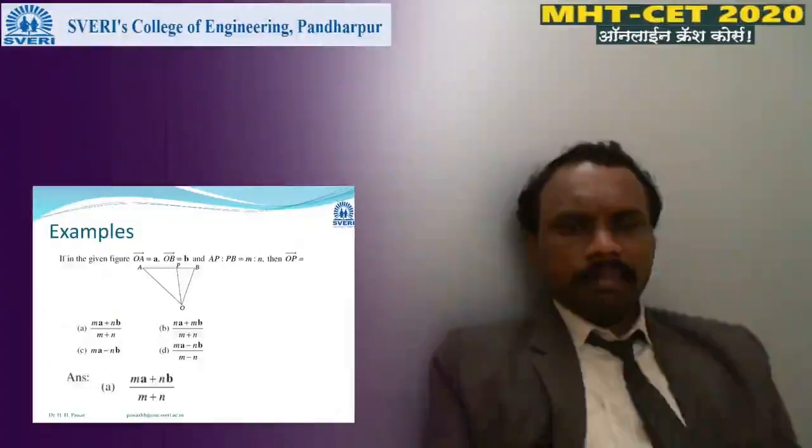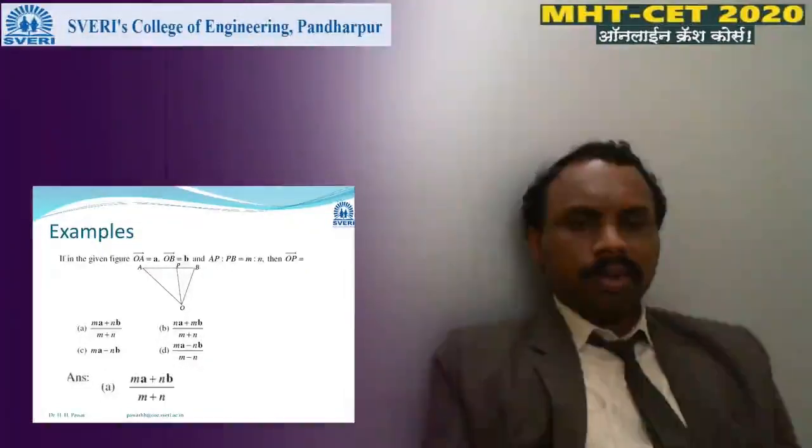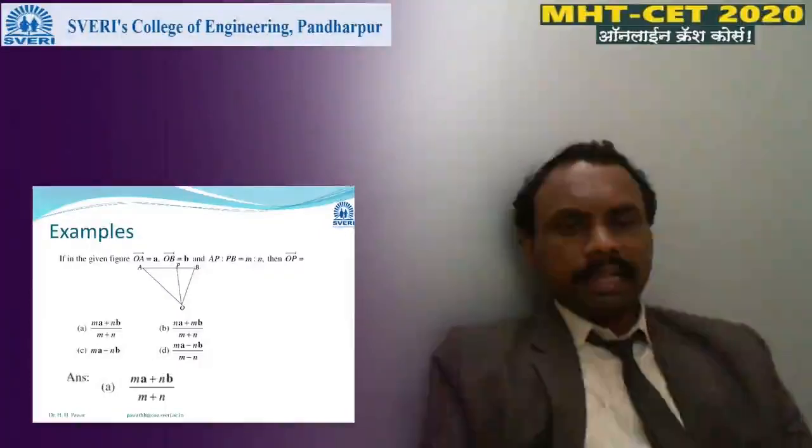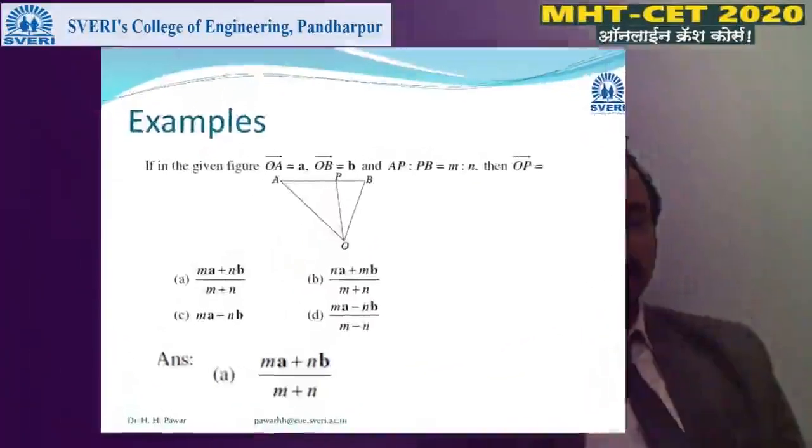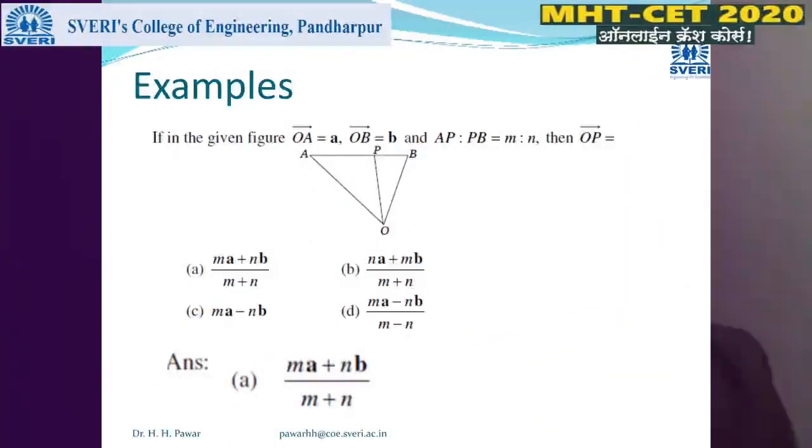Now we'll see an example. In the given figure, OA bar is equal to a bar, OB bar is equal to b bar, and AP to PB, that is, the line AB is divided into two parts internally in the ratio m:n. So OP bar is equal to, that is, we have to find the resultant vector.